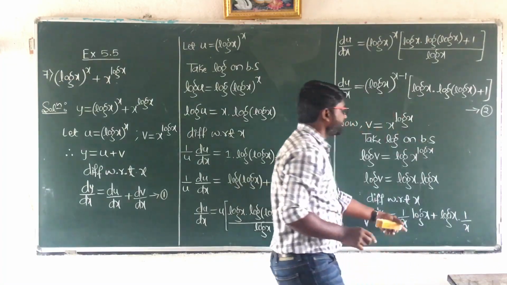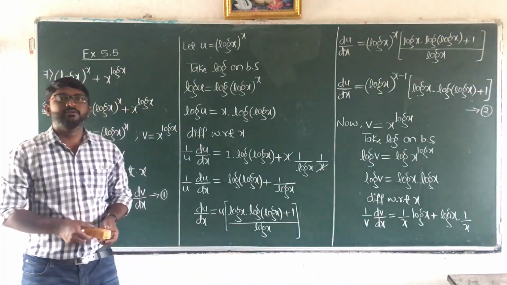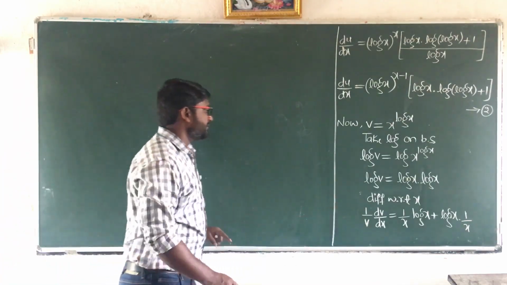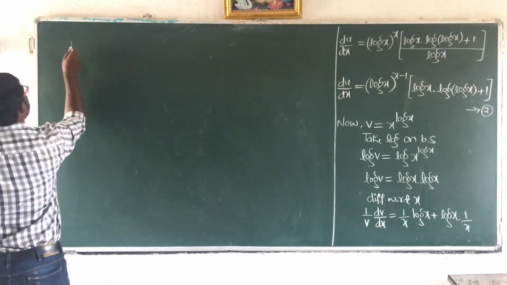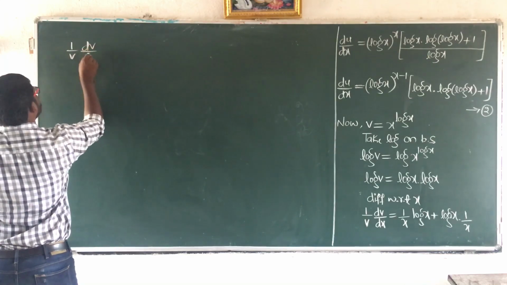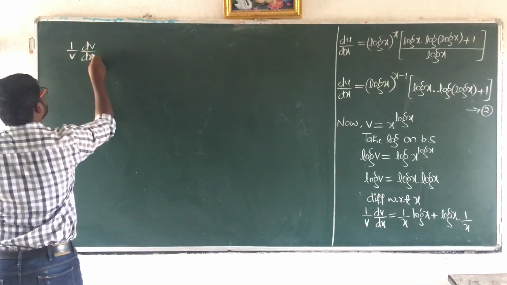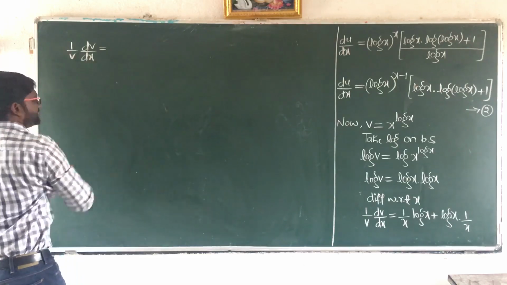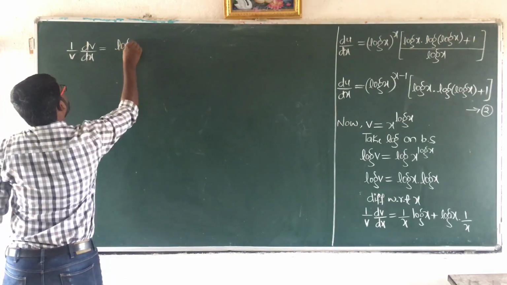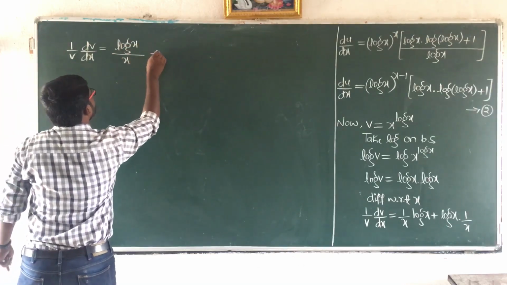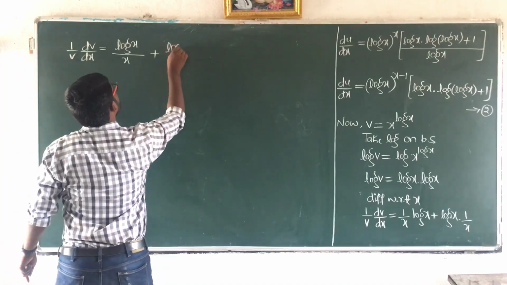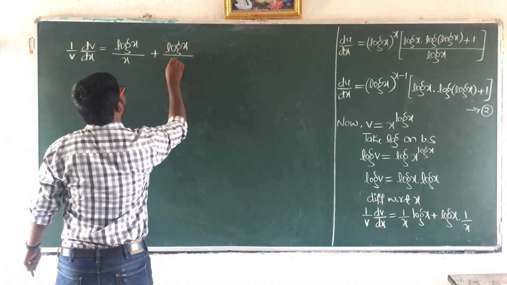Since we don't have much space, pause the video to note it down, then we'll continue. So let us continue from this step now. See here, 1 by v dv by dx, which is equal to, the first one is log x divided by x, plus, the second term is also log x divided by x.